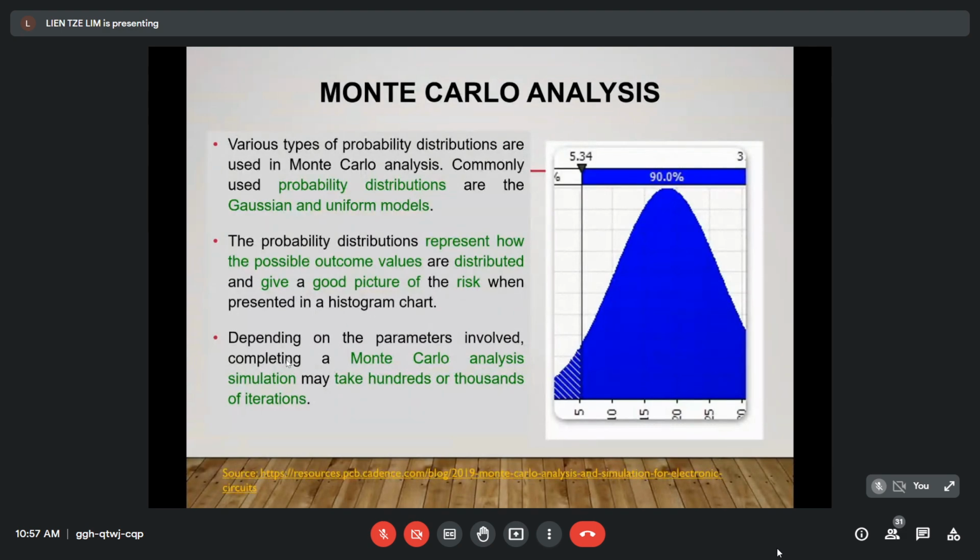Since Monte Carlo is about obtaining the probability of something, just now I mentioned the probability of failure of electronic components, for example. Then the output, one graph we should see there is a probability distribution.